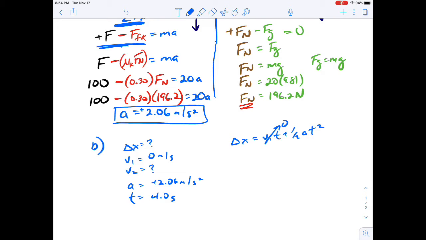Initial velocity is 0, so that can go away. So delta x is 1/2 times 2.06 times 4.0 squared. So let's take this number and basically we're going to multiply by 16.5.